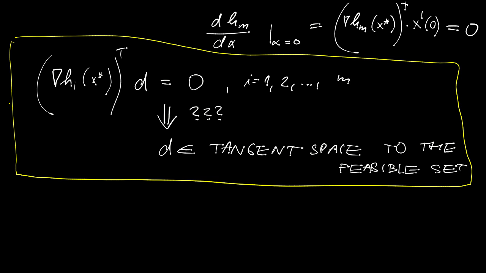Is it enough to characterize it by requiring that it's all those vectors that are orthogonal to a set of vectors, namely the gradients of h, so m vectors? And the answer is, well, yes, sort of. Well, yes, if x is a regular point.